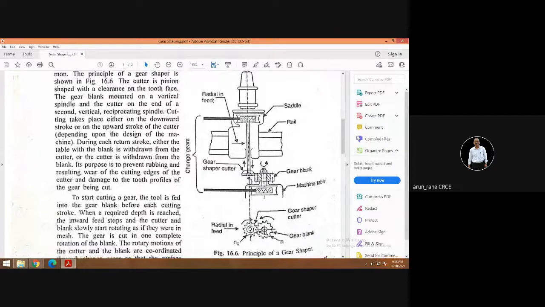This is the internal mechanism of the gear shaping cutter. You have a gear blank here, and this is nothing but the teeth. This is the gear shaping cutter which reciprocates, and there is a fixed rotational motion between the gear shaping cutter and the gear blank.